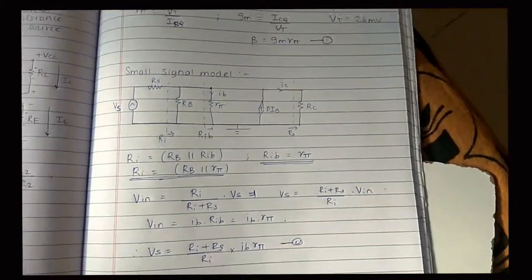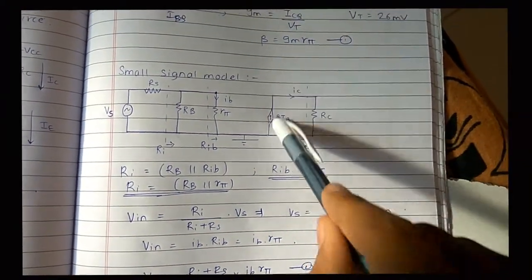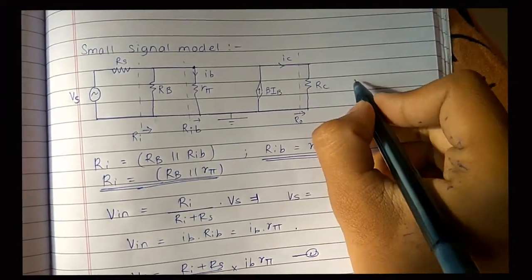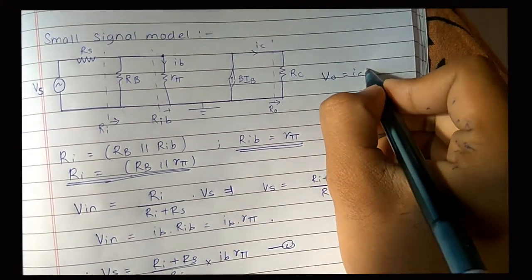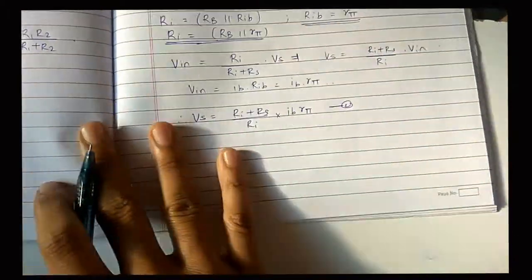So that's simple. Now what will be the output voltage? This IC flows through RC. IC RC will be the output voltage. So Vo will be equal to IC RC. It's simple. Now what is the small signal voltage gain?